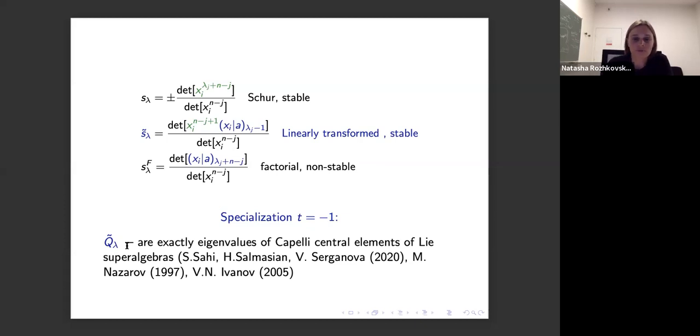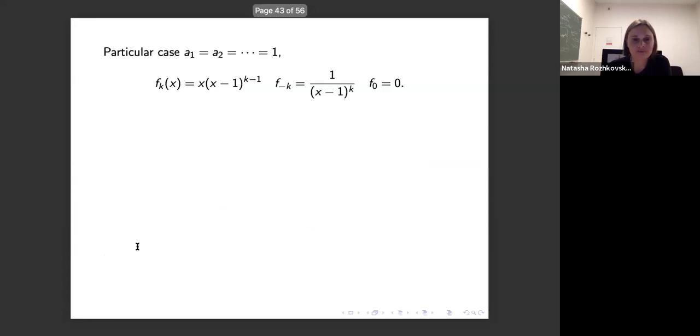So what are these? There are central elements of universal enveloping algebras which are related to Capelli identities. And there was a beautiful question how to compute eigenvalues of the central elements on irreducible representations. In the case of Lie superalgebras of type Qn, the eigenvalues are given exactly by polynomials which appear here also. So when T=-1, our linearly transformed Schur-Q polynomials are exactly the things which were considered by other people. That's really fortunate and good luck for us.